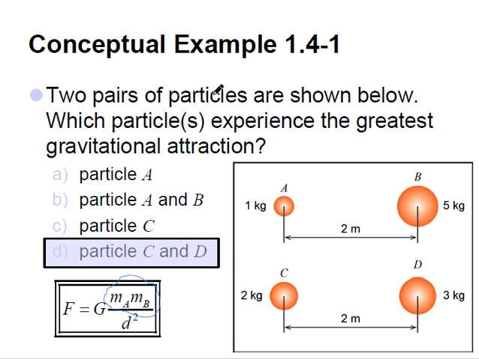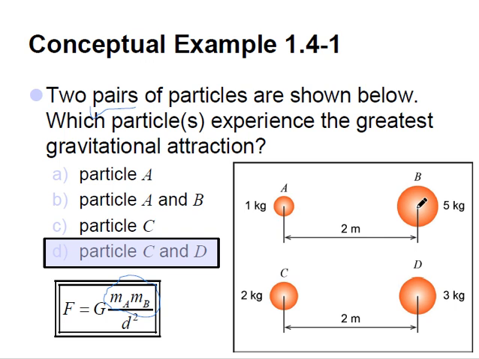We use the word pair, so therefore we know that there are two masses, mass A and mass B, mass C and mass D. So we are to think about which particles experience the greatest gravitational attraction.